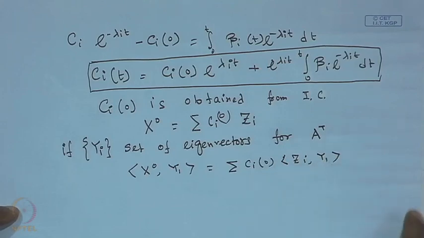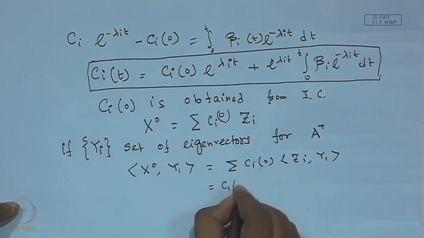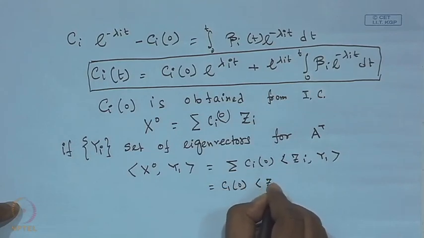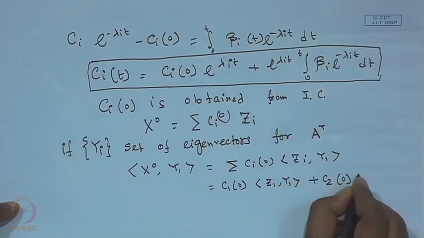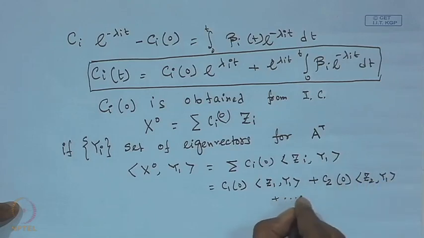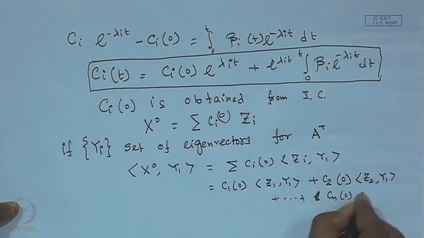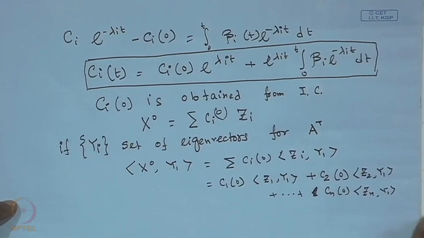In fact, if you open up this series, we will get c_10 inner product of z_1 and y_1, plus c_20 inner product of z_2 and y_1, and like that, up to c_n0 inner product of z_n and y_1.